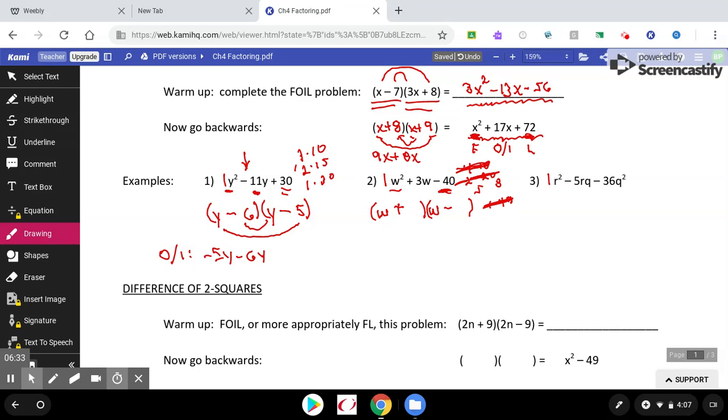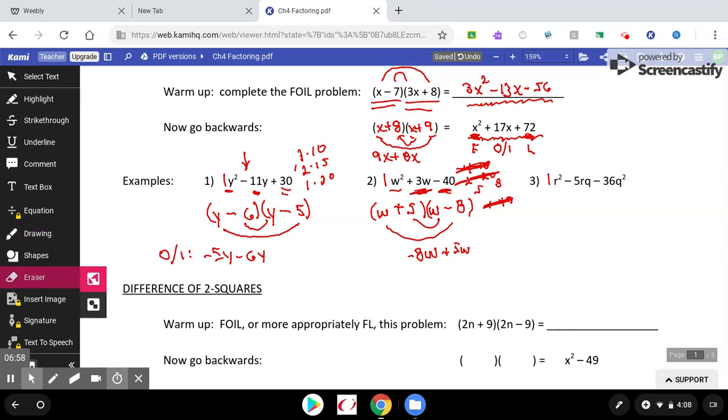So the question is, which one goes where? Now, again, I'll tell you what. I'm going to intentionally do it wrong just to illustrate a point. If you don't check these, you're crazy. If I multiply the outside 2, and I multiply the inside 2, and I combine those, I get negative 3w. Well, what's right here? I get a positive 3w.